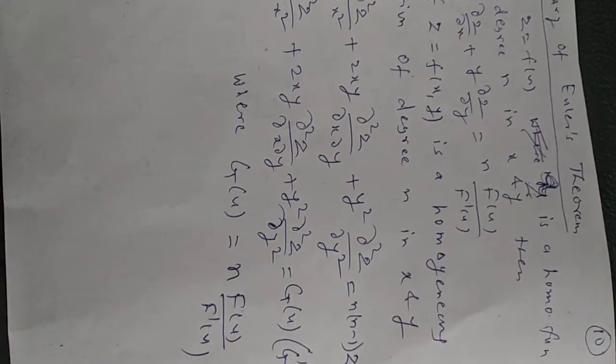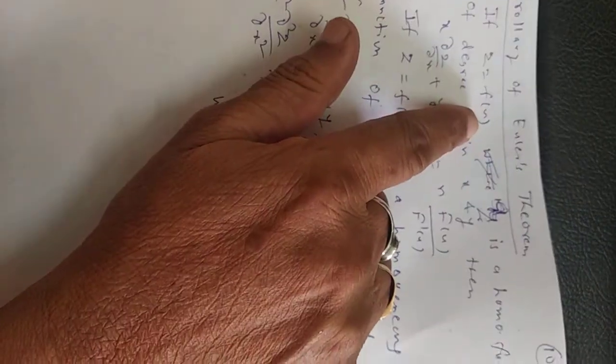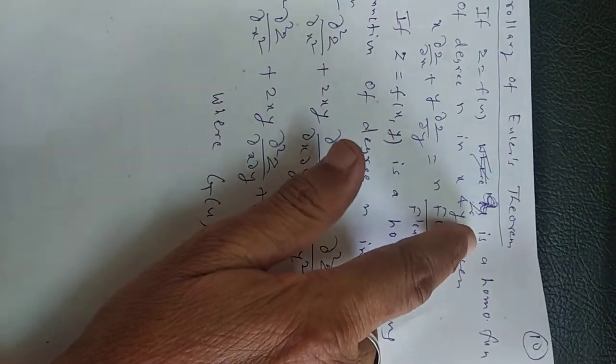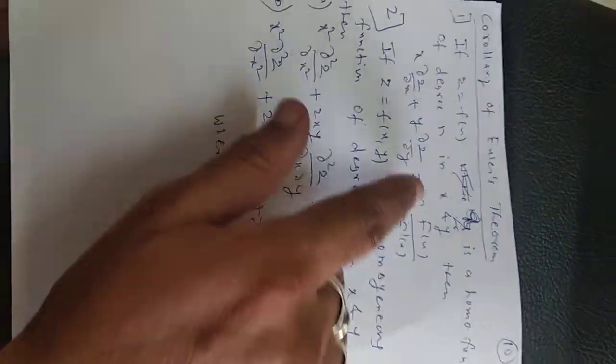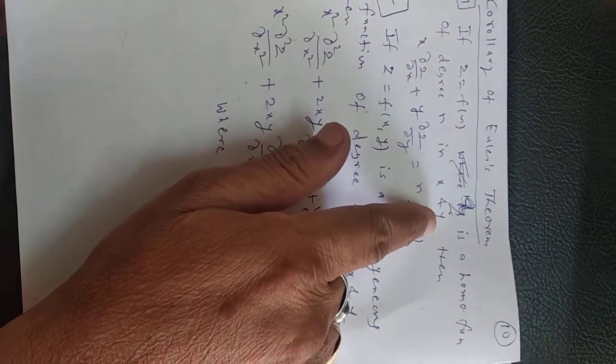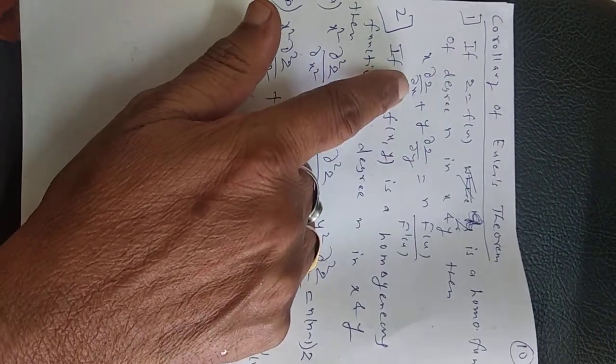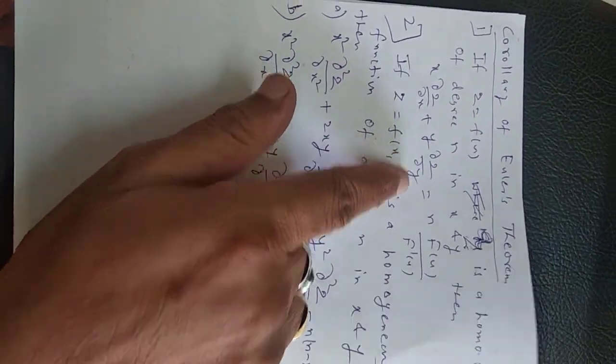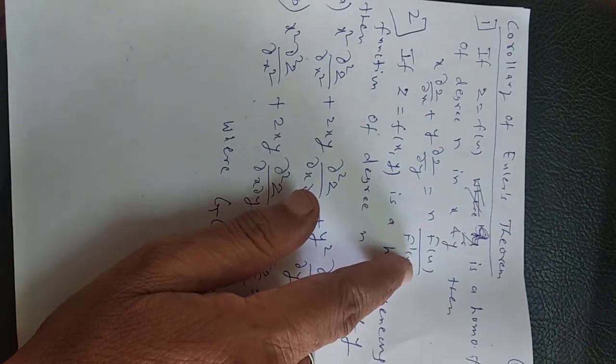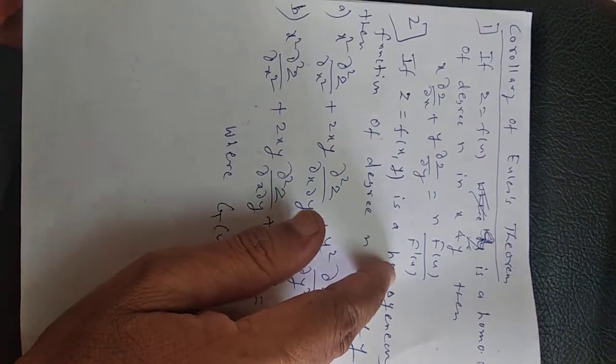So the corollaries are: if z = f(u) is a homogeneous function of degree n in x and y, then x ∂z/∂x + y ∂z/∂y = n f(u)/f'(u).